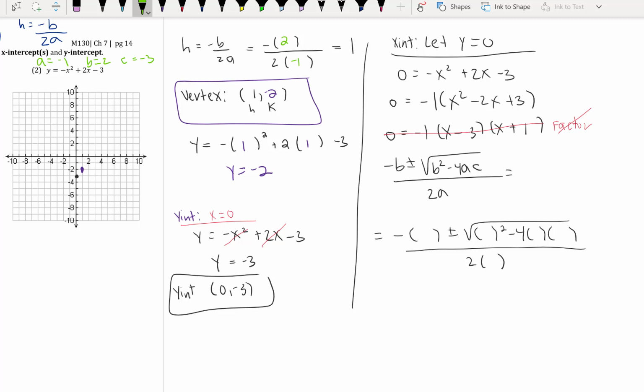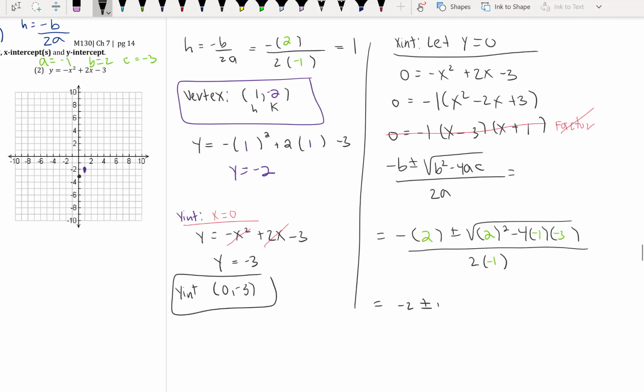The b value that I'm plugging in is 2. The a value that I'm plugging in is negative 1. And the c value is negative 3. So I have this as negative 2 plus or minus. Now I'm going to deal with the discriminant. So 2 squared minus 4 times negative 1 times negative 3 gives me negative 8. And it's all over negative 2.